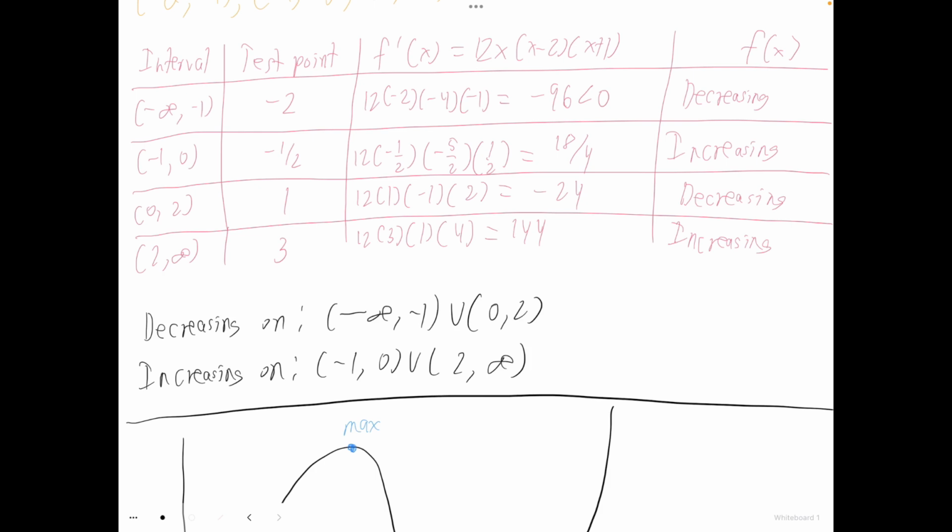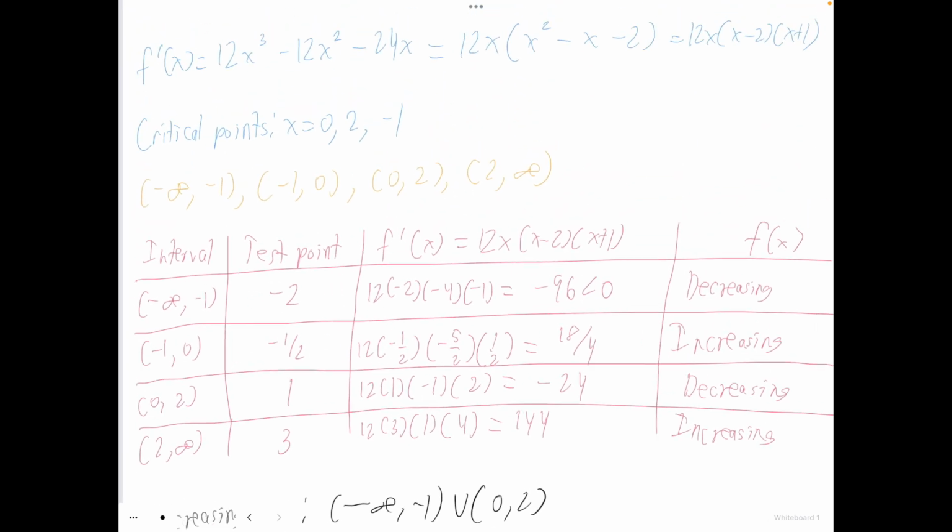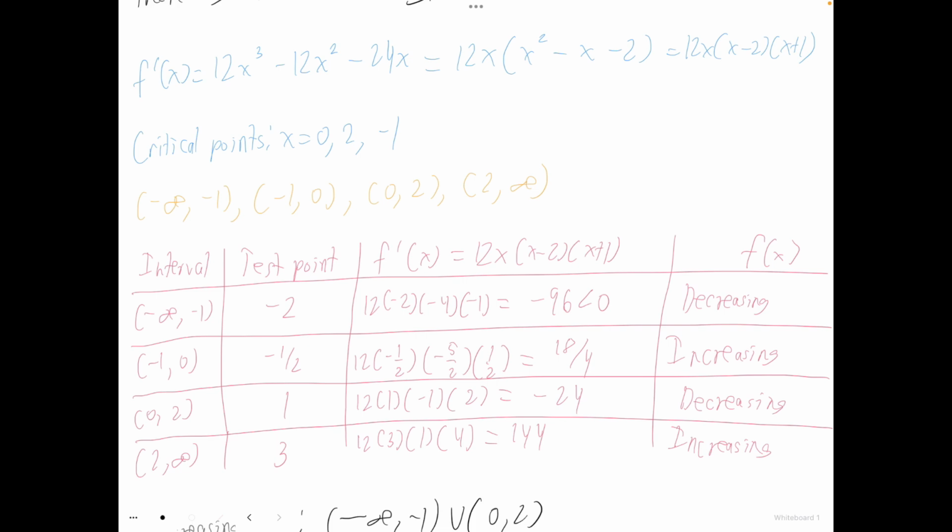So those are places to still check, just like we did before. When we list these critical numbers, you do list points that the function f is defined at, but f prime is not defined at. Those are the other kinds of critical points.